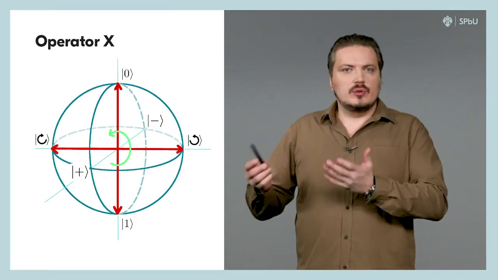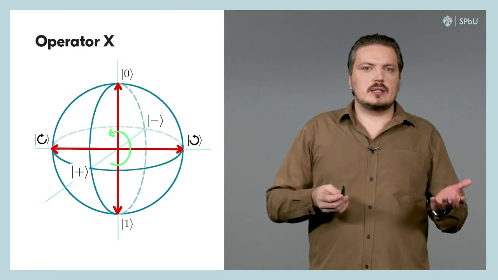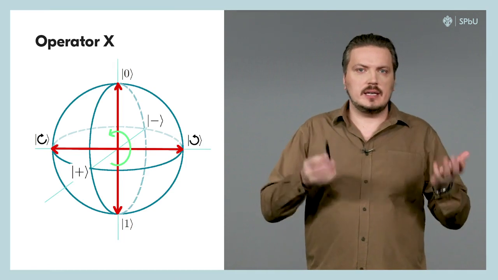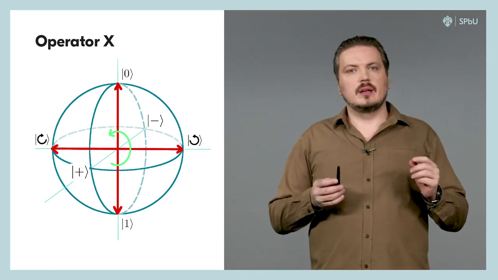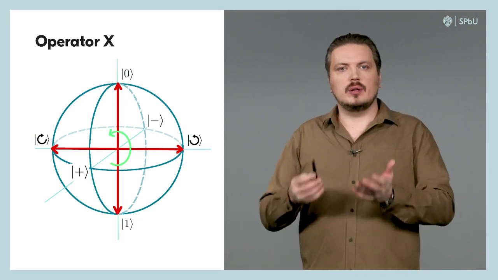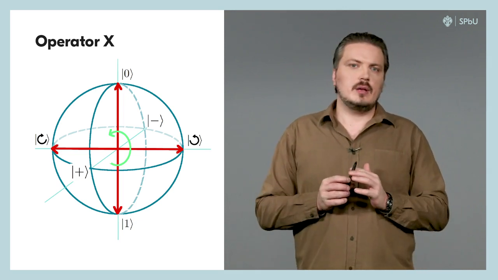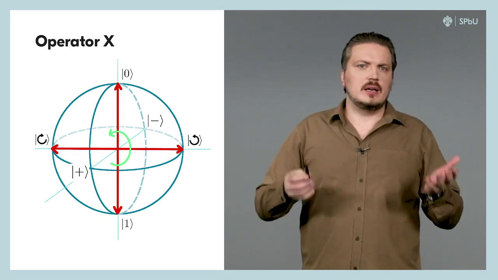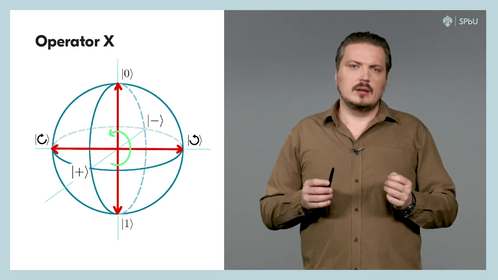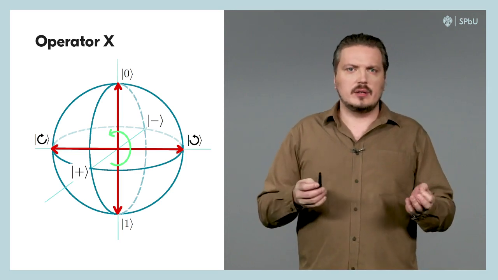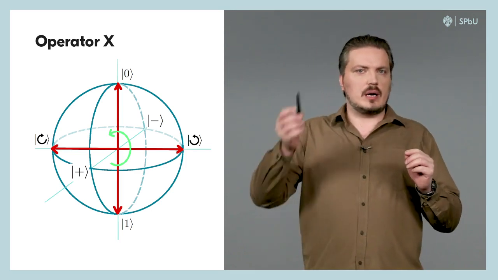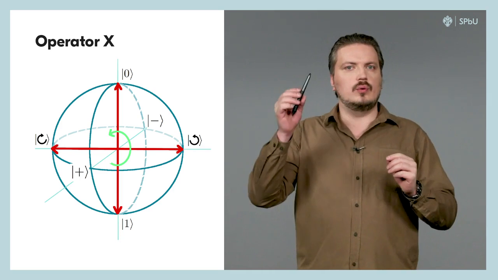X is a 2 by 2 matrix, which means that it acts in a two-dimensional space. The two-dimensional space is the state space of one qubit. And the qubit, as we remember, can be represented as a point on the Bloch sphere. So let's see how X acts geometrically on the Bloch sphere. Vectors plus and minus are untouched by its action. Vector 0 goes to 1, and 1 to 0.